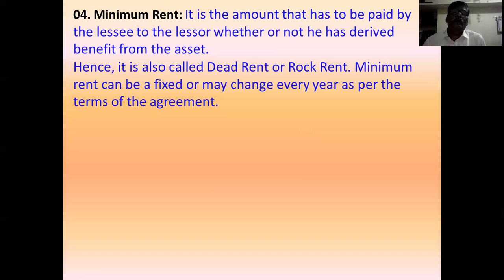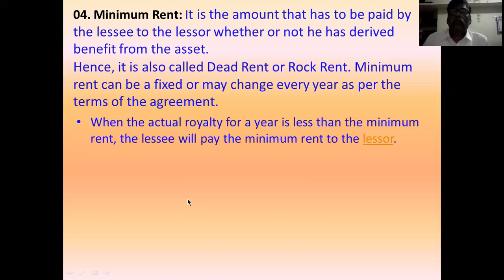I'd like to make two points clear. When the actual royalty for a year is less than minimum rent, here there are two points: one is minimum rent, another is royalty. Royalty is calculated on the basis of rate of royalty and output.